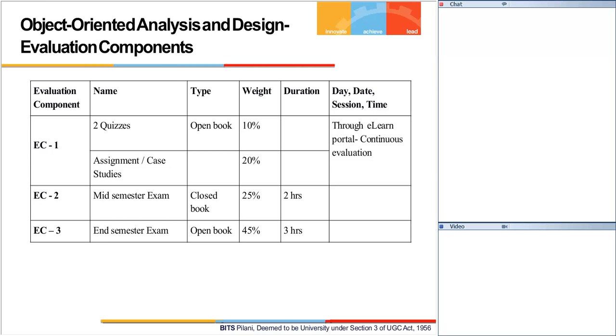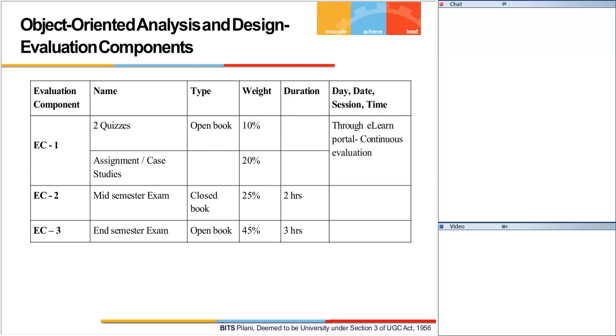Again, it is a written examination, open book. You can carry any number of books. You can carry written notes. Whatever material you carry should be properly bound and stapled. No loose material is required, and no sharing of material is allowed, and no gadgets are allowed.